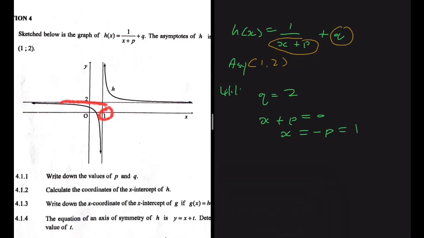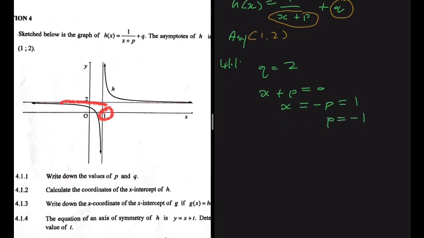So if you solve for p here, you're gonna get p is equals to minus 1. So q is equals to 2 and p is equals to minus 1, right? Hence we have our asymptote at x is equals to 1, because if x is 1, then we have 1 divided by 0, which we're not supposed to have.